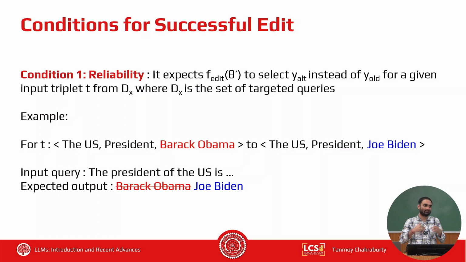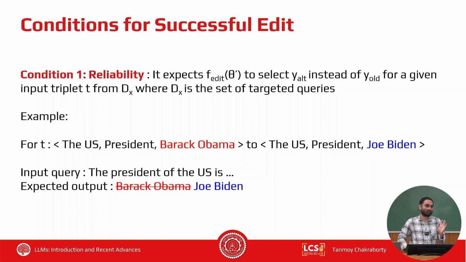If you ask the model in terms of a question, "who is the current president of the US," the model should be able to say that this is Joe Biden. So when you paraphrase the prompt, the model should consistently return correct or updated knowledge.